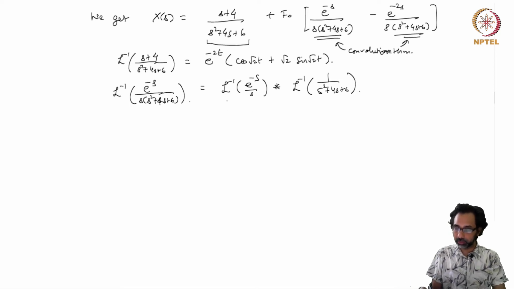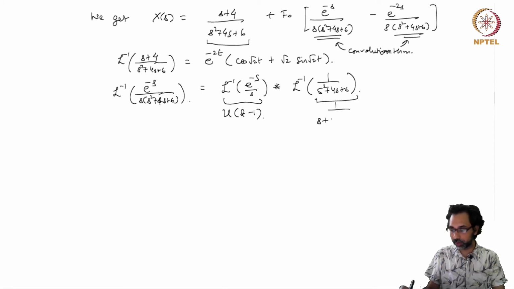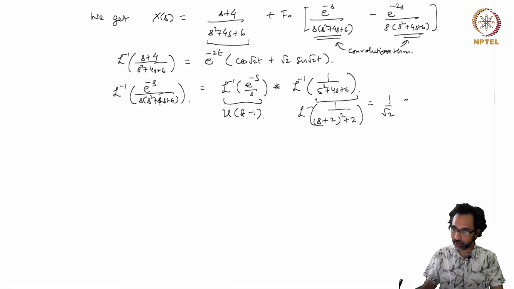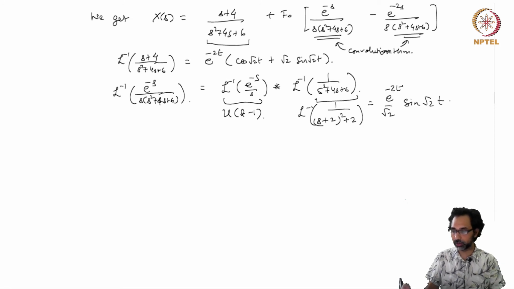And so for the first, this is just the unit Heaviside step function at 1, and the second one is 1 over (s plus 2) whole square plus 2, and so the inverse is equal to 1 over square root 2 sine of root 2 t. So there should be an e to the power minus 2t also.